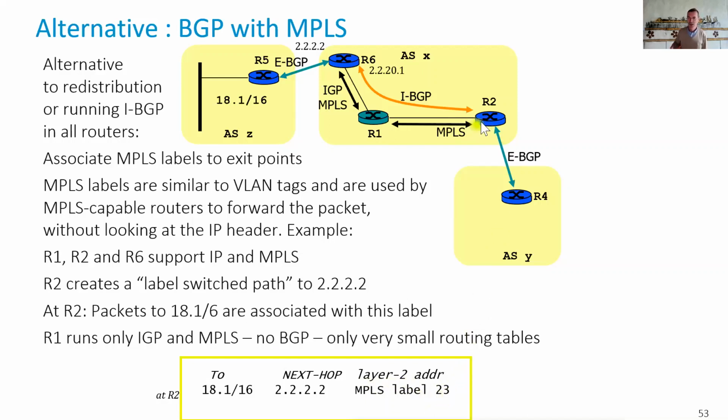When the packet is received by R2, it's forwarded with an MPLS label 23. So this MPLS label is handled by R1, and R1 knows now by static or dynamic configuration that whatever has incoming label 23 must go to R6 here. So this is what is done by a large number of operators.